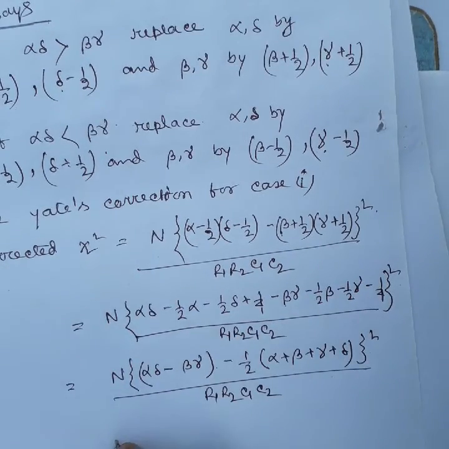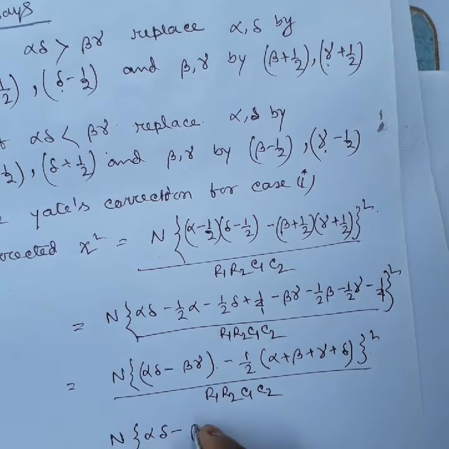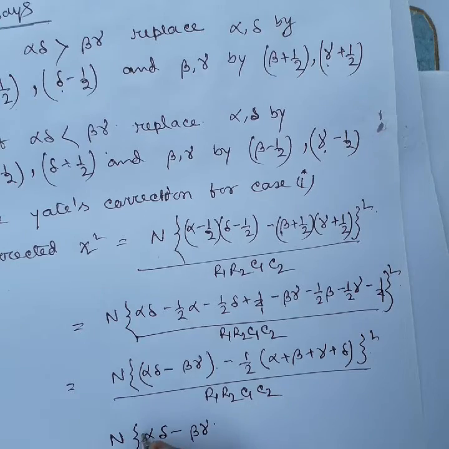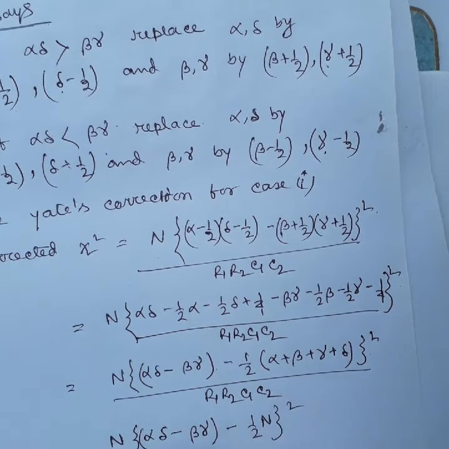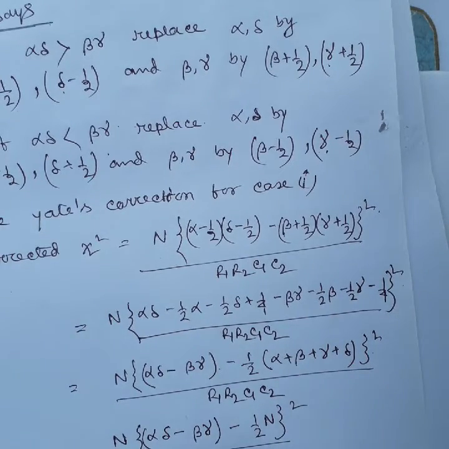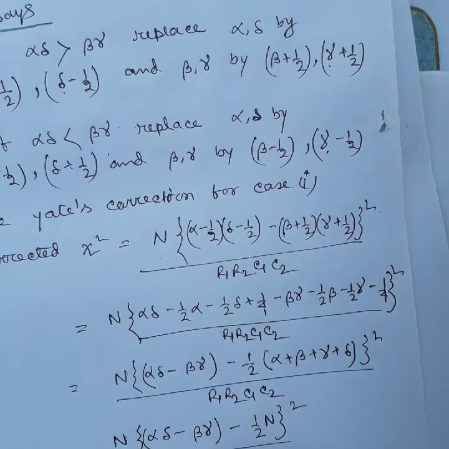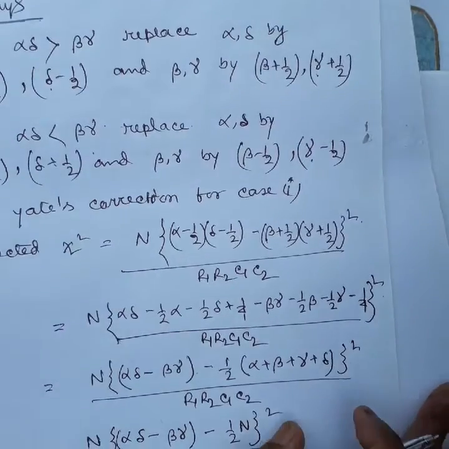So from here this is n into alpha delta minus beta gamma minus half of this total value, which is called n, this whole square by R1 R2 C1 C2. This is for case 1 only.